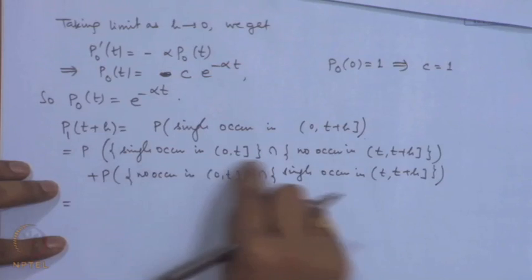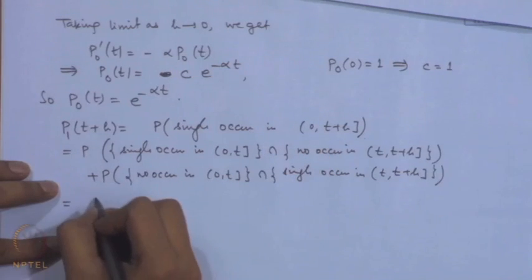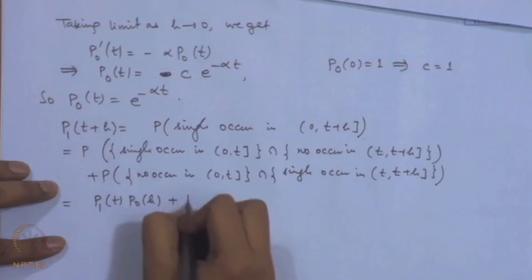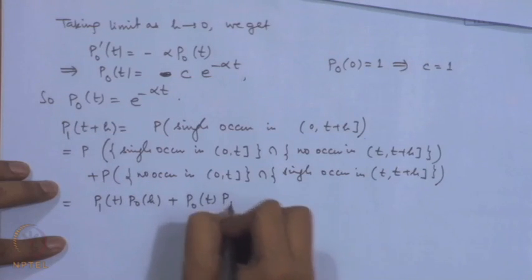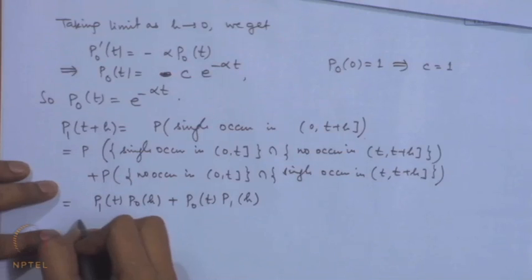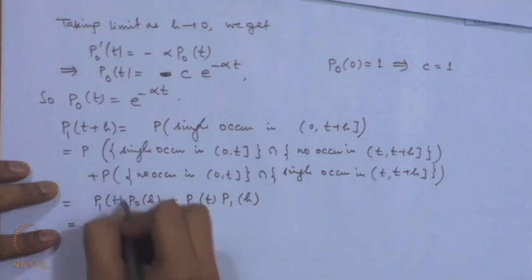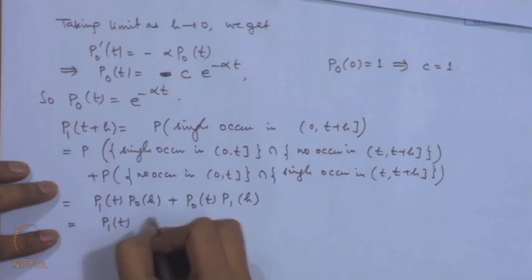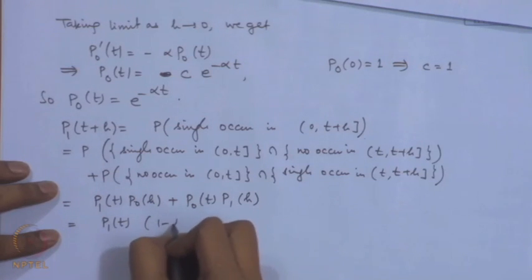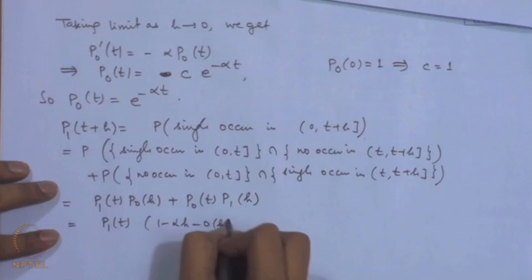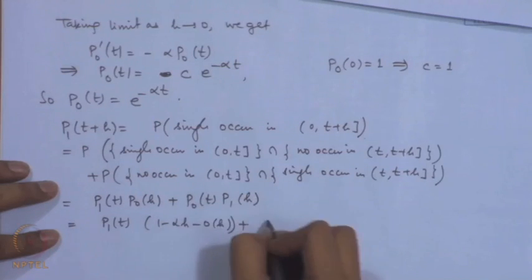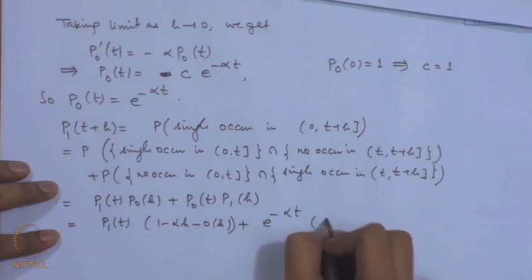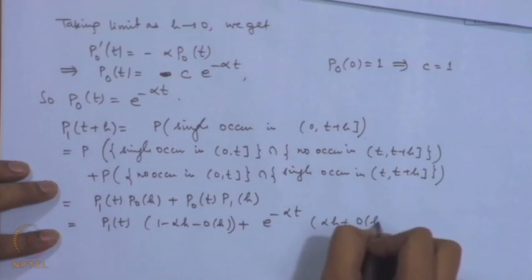Once again, we can use the independence and we get it as p1(t) p0(h) plus p0(t) p1(h), that is equal to p1(t) times p0(h), which we have calculated as 1 minus alpha h minus o(h), plus p0(t), whose value we have already evaluated as e to the power minus alpha t, times p1(h), which is alpha h plus o(h).